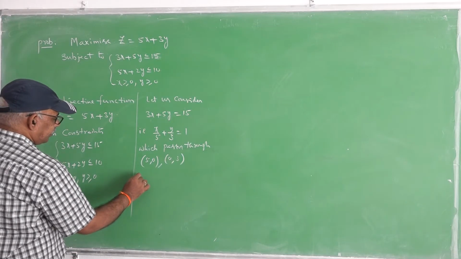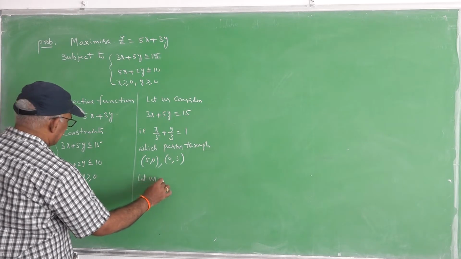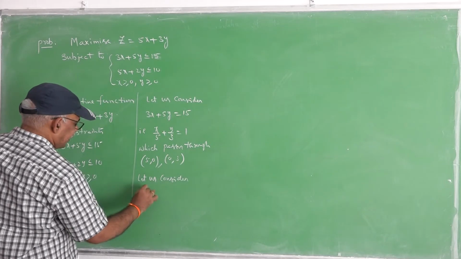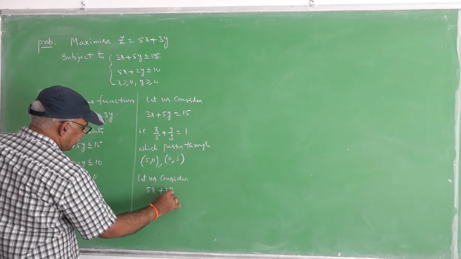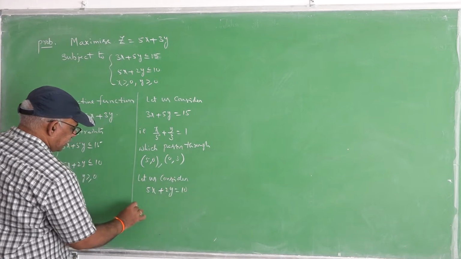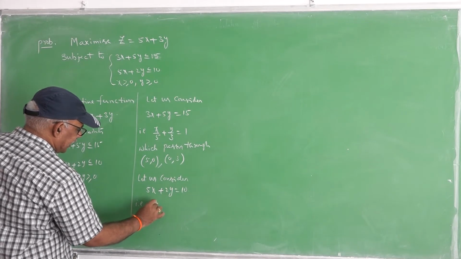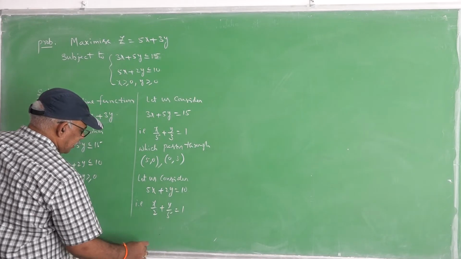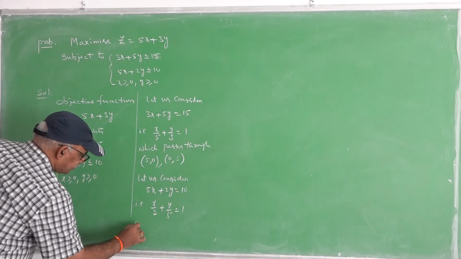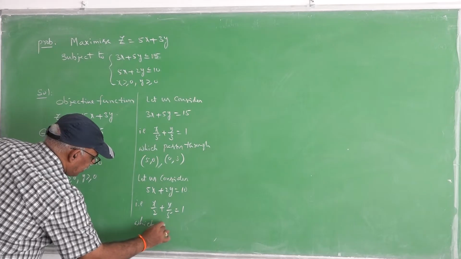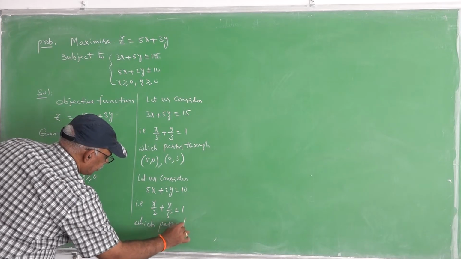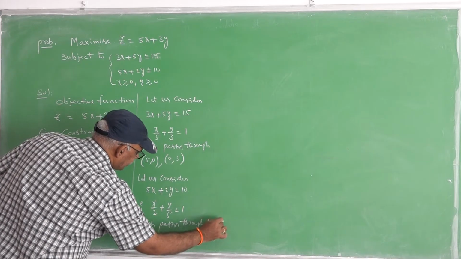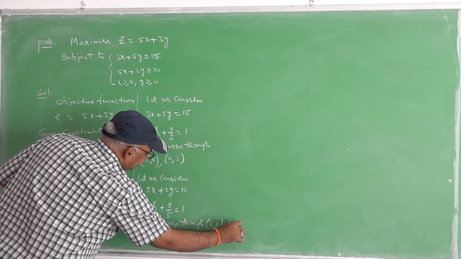Similarly, let us consider another line, 5x plus 2y equal to 10. By dividing both sides by 10, we get x by 2 plus y by 5 equal to 1, which means this line passes through 2, 0 and 0, 5.